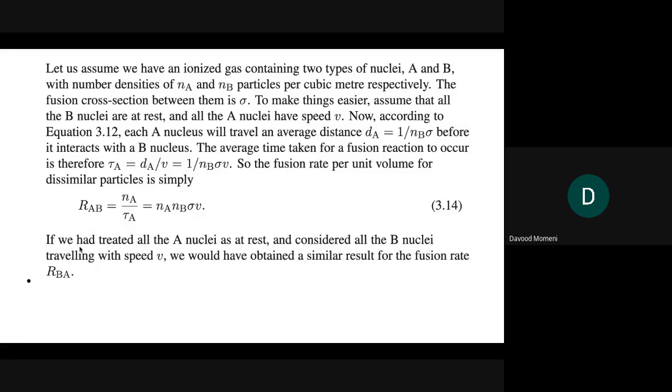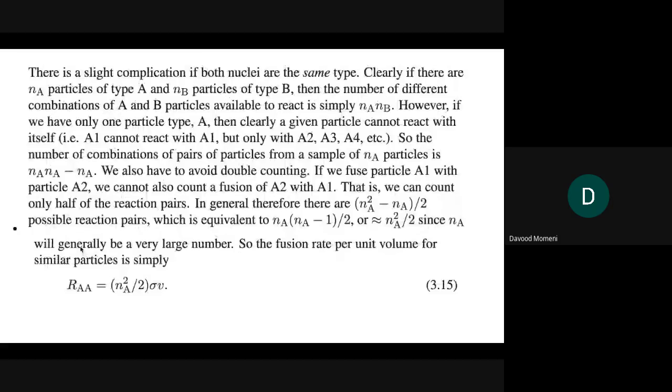You can guess that if A and B are the same, it could be n_A squared. I mean, if the nuclear fusion happens in a gas with the same nucleus A. But it's a little different because you can use combinations, the mathematics. You have N particles, and they want to interact with each other, except for the interaction with itself. So it goes to a combinatorics problem.